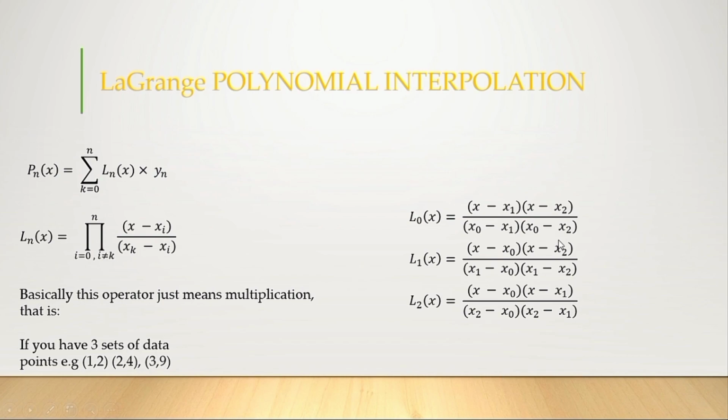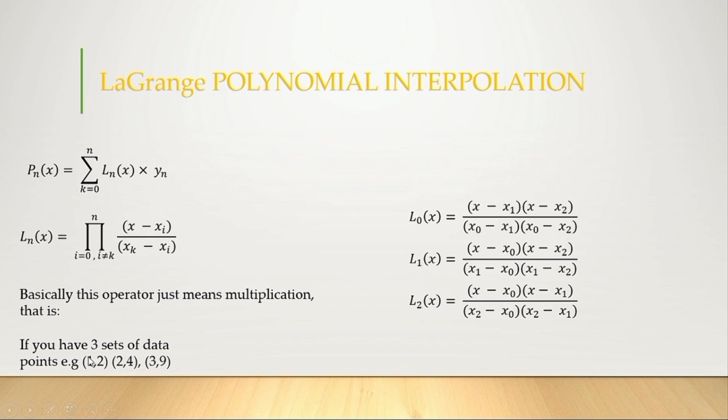So I want you to realize something here before we dive deeper into the actual schematics of this Lagrange polynomial. We have this formula, which is x minus x1. This is a value that is 1 unit better than the other, than 0, sorry. So we have units 1 and 2 for this one here. Notice that because we have three data sets, we need to have L1 and L2.